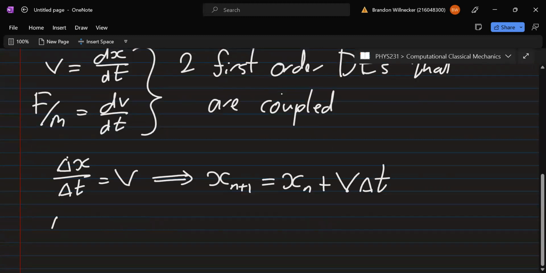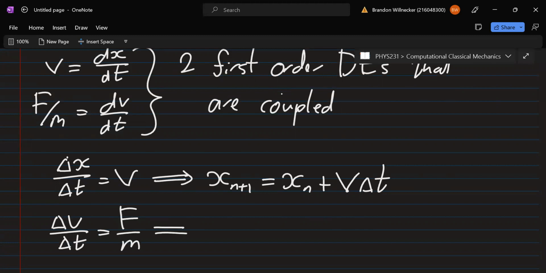And then the second one, delta v by delta t is equal to f over m. From here, we can get v_{n+1} is equal to v_n plus f over m times delta t.